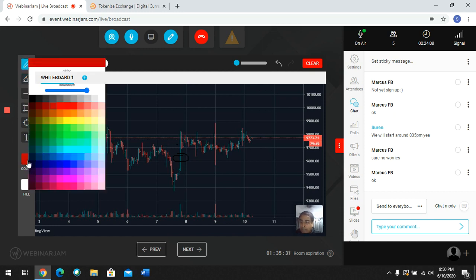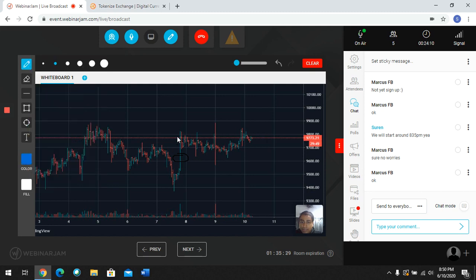Let's take blue. So we have a red on the right hand side. So what does it mean? On the right is the closing, on the left is the opening. Okay, it opens positive and it closes negative. So it closed lower than the opening price.